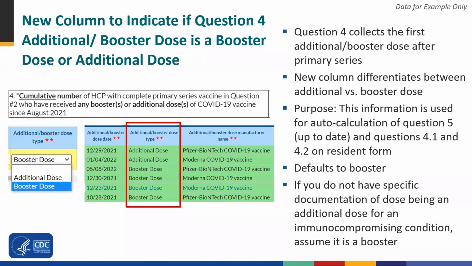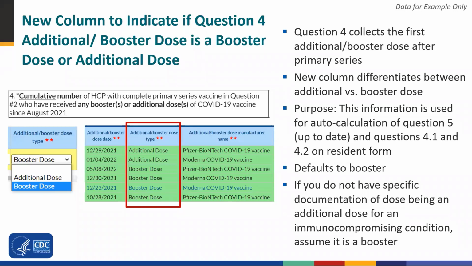So you'll enter the additional or booster dose date, and then you'll see this new column that says additional/booster dose type. And this column is going to default to booster dose because, like I said, we think 99.9% of the time, this is a booster dose and not an additional dose.